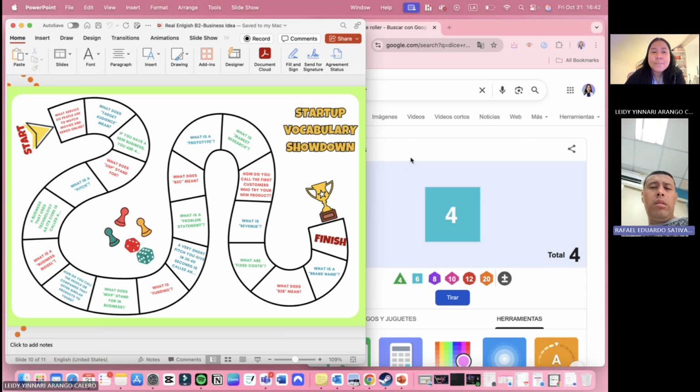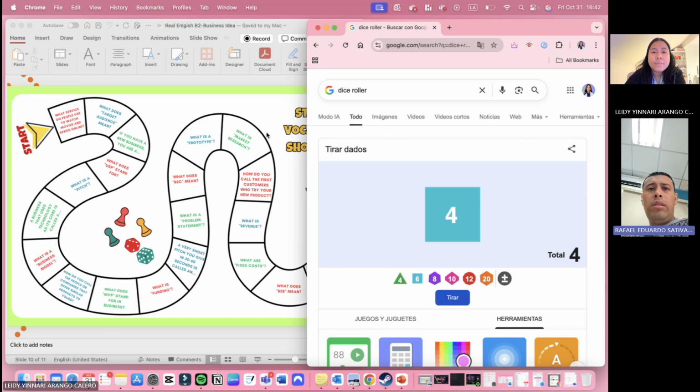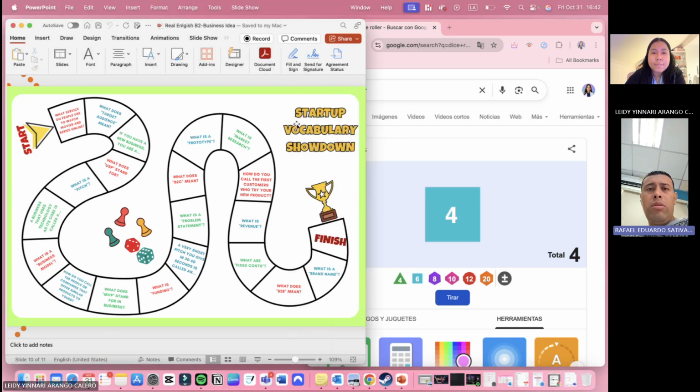Yes, the USP is the difference from the competition that makes it better. Okay, perfect. Yes, that's right.